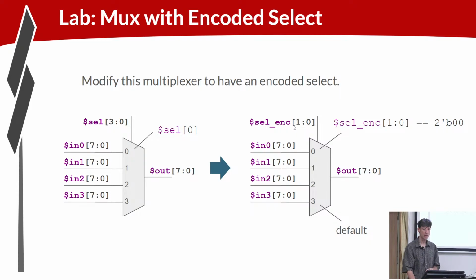So if the encoded select is encoding a value 0, we want input 0. If it's encoding a value of 2, we want input 2. So in our ternary expression, we have all these select cases, and those select cases are going to be that the encoded select bits are equal to a particular pattern, 0, 0 for input 0, etc. Does that make sense now?